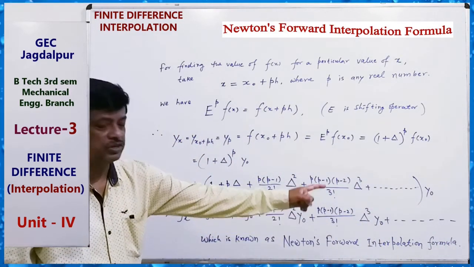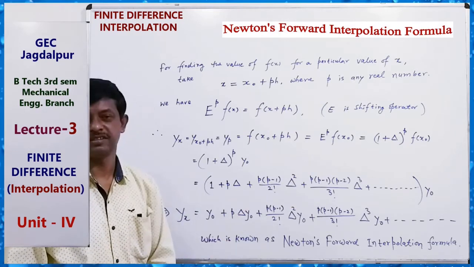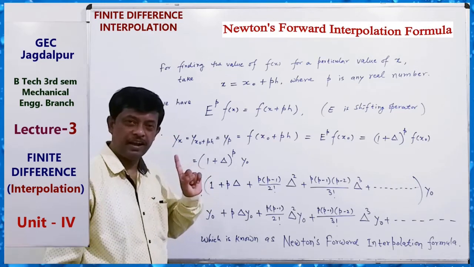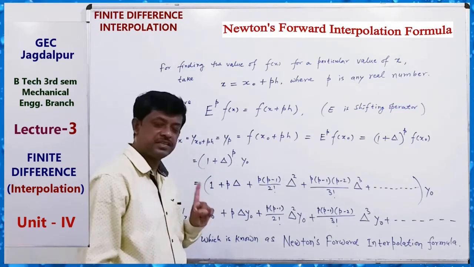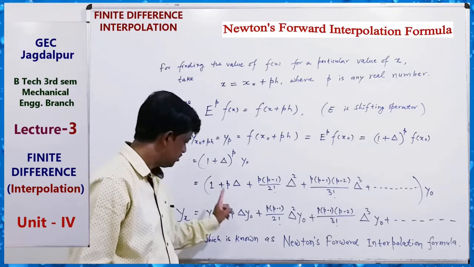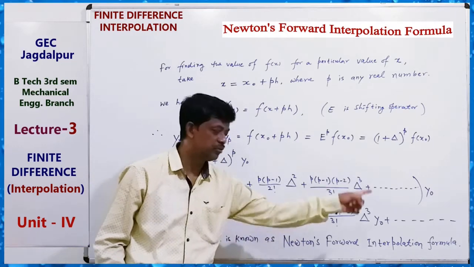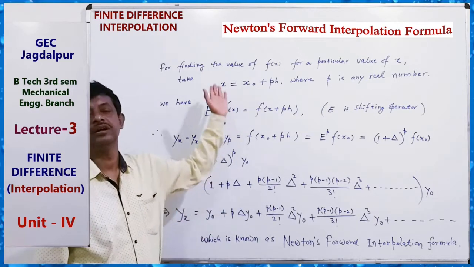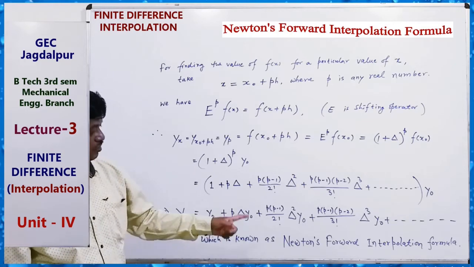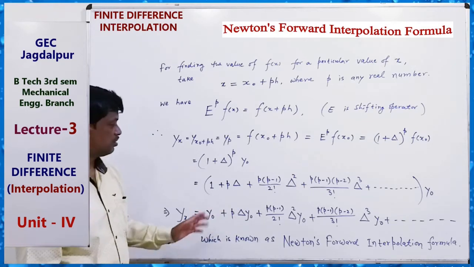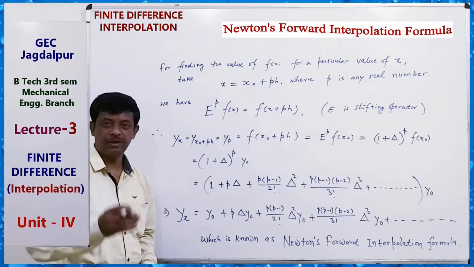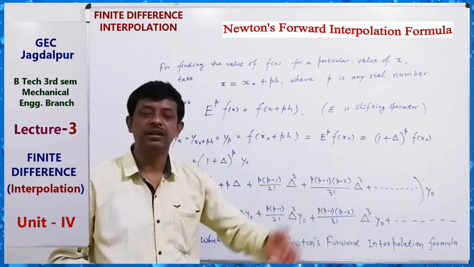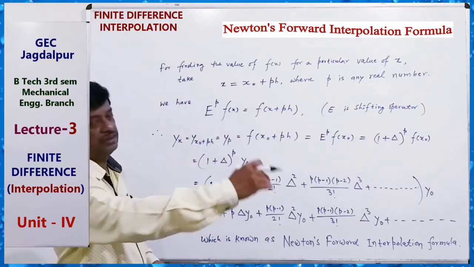Newton's forward interpolation formula contains y0 and differences of y0: first order, second order, third order, fourth order, and so on. How many differences will we take? Based on the table. This is Newton's forward interpolation formula. This formula is used whenever the targeted value of x lies in the beginning of the table. Clear? The first line use.